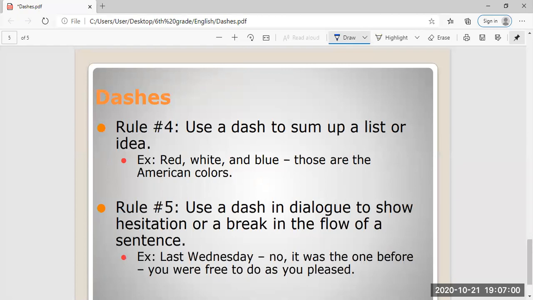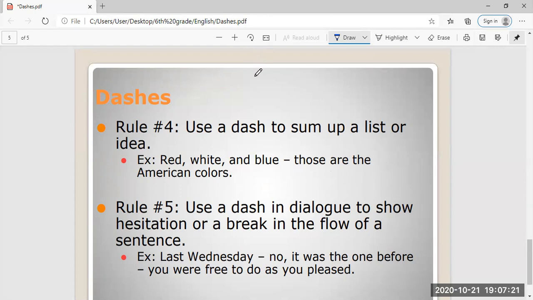Rule number four: use a dash to sum up a list of ideas. So we can use a dash to make a list of ideas. Let us have an example. Red, white, and blue. Those are the three American colors.